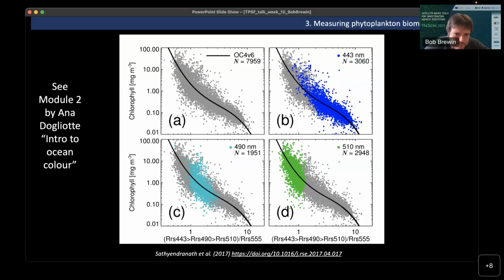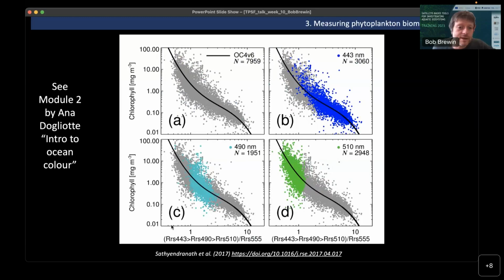So this is from one of Schuber's papers published back in 2017. It's a very large in situ database of the chlorophyll concentration shown on the y-axis here, plotted as a function of essentially the ratio of blue to green light. This is the maximum band ratio.